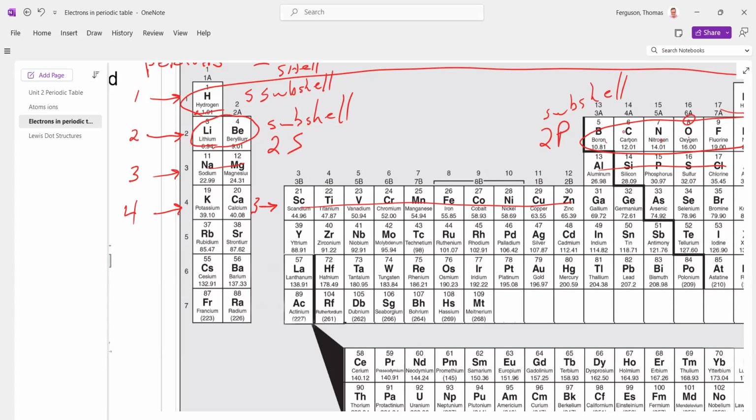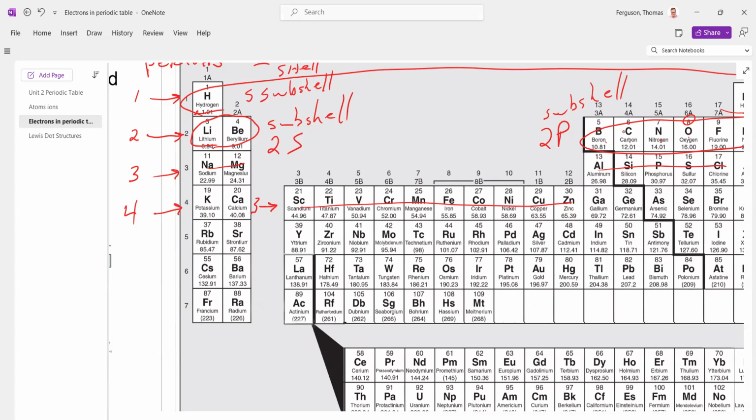this is the 4th one down. That means it's shell 4, except for the transition metals. They are part of shell 3, but they don't fill until we fill these guys. So remember I said the first one was first orbital shell, 2 electrons. The next one is 8, 2 plus 6.